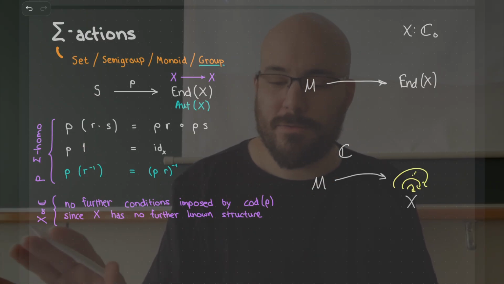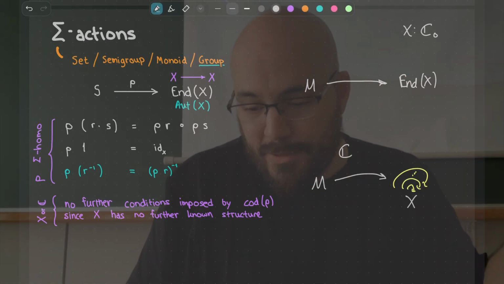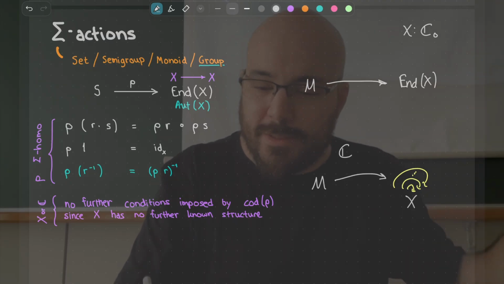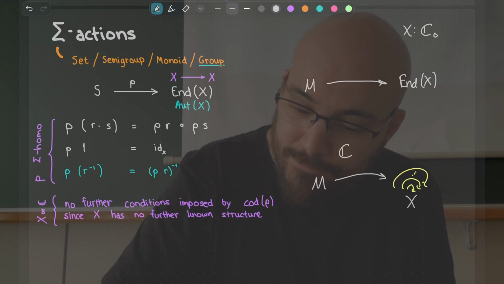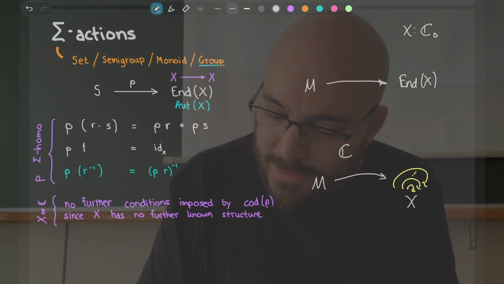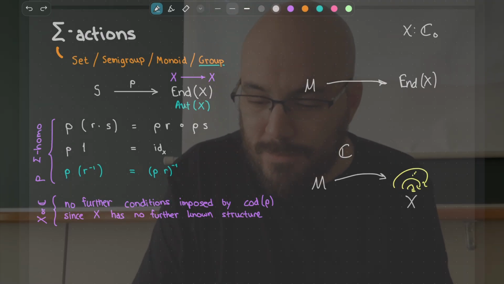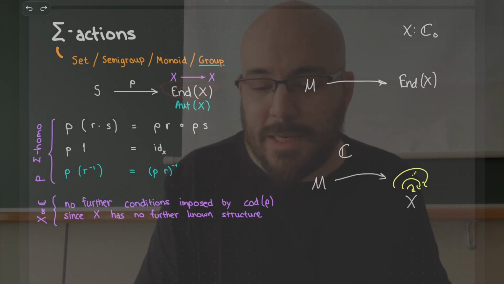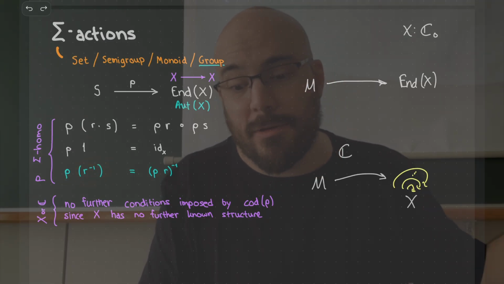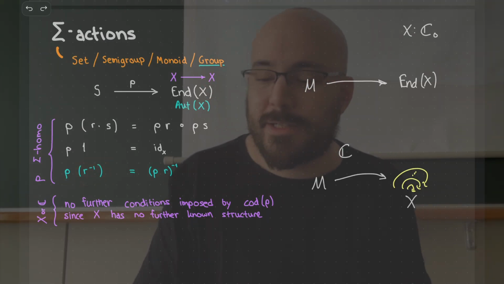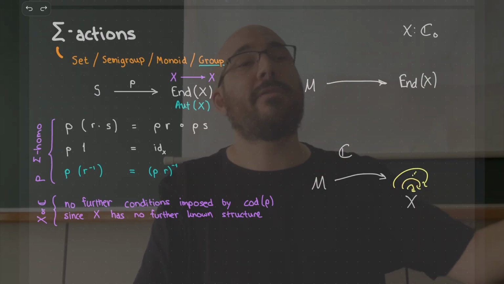Okay, so good so far, I hope. Now, if you upgrade or downgrade, this is a matter of point of view, from monoids to groups, what happens is that you can no longer look at all the endomorphisms because you would like to take care of the inverses that you have in a group. So you say, okay, I will look at the automorphisms of X, because now it's not all the arrows from X to X, but only the invertible ones.